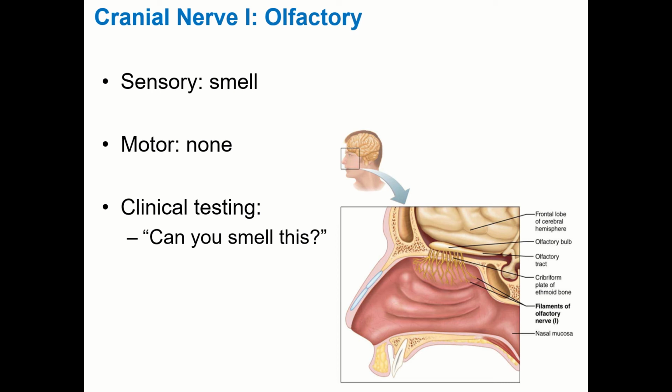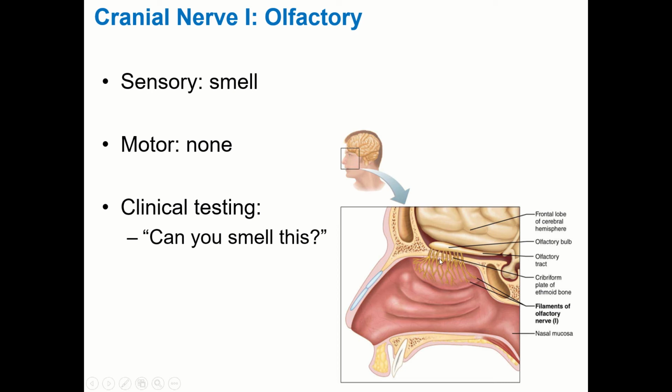The olfactory nerve is connected to the olfactory bulb, which has little filaments that shoot off of it and go down through the ethmoid bone. Remember, we talked about the ethmoid bone and the bones of the axial skeleton, or the bones of the skull more specifically, and that it had little perforations or holes in it to allow these filaments to pass through.